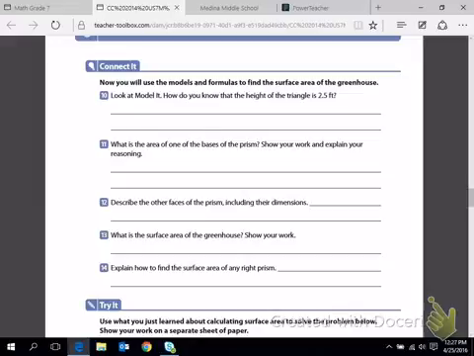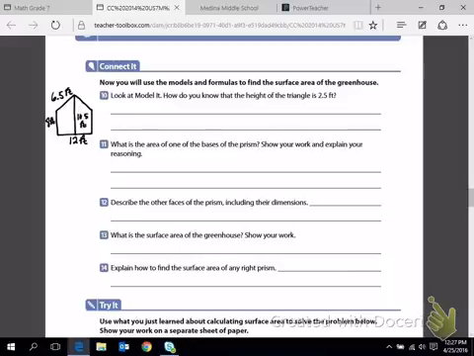Alright, now we're going to use the models and formulas to find the surface area of the greenhouse. We want to look at model it. How do you know that the height of the triangle is 2.5 feet? So we have this pentagon, and the pentagon that we were looking at had measurements of 6.5 feet, 8 feet, 12 feet, and an overall height of 10.5 feet.